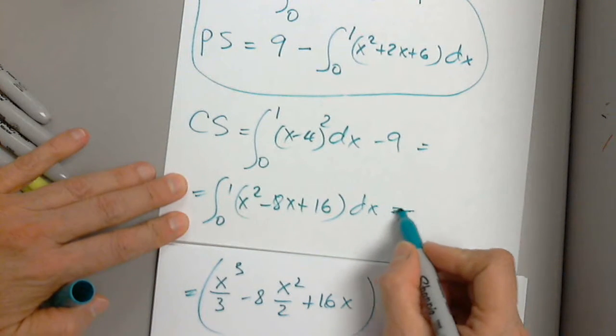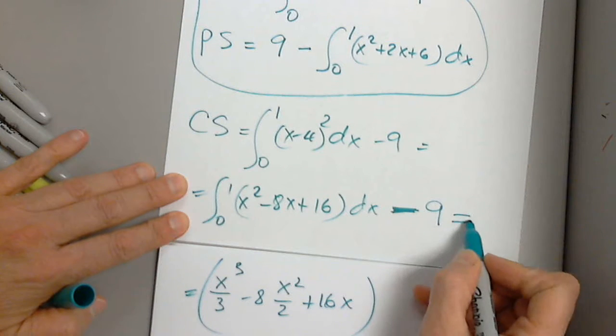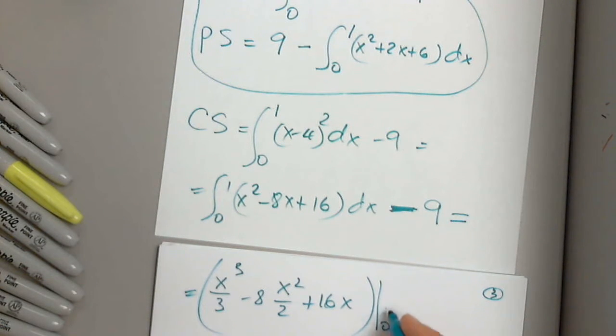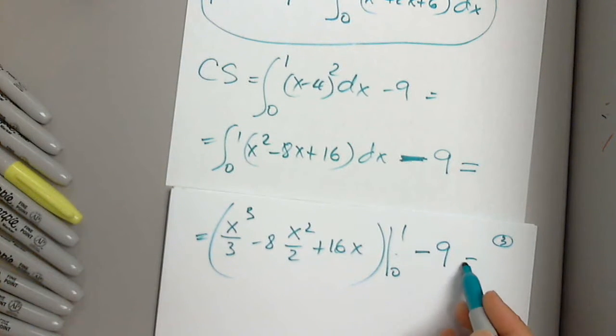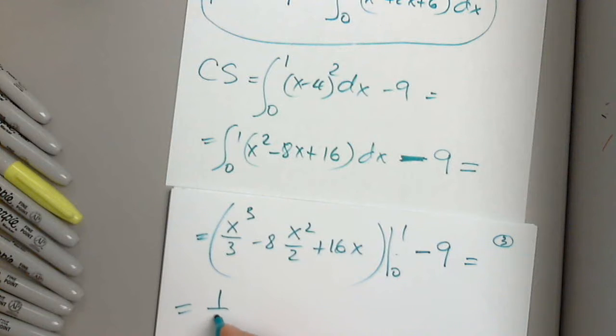I'm sorry, don't forget minus 9 here, from 0 to 1, minus 9. Luckily, I only need to plug in 1. So 1/3 minus 4 plus 16 minus 9.